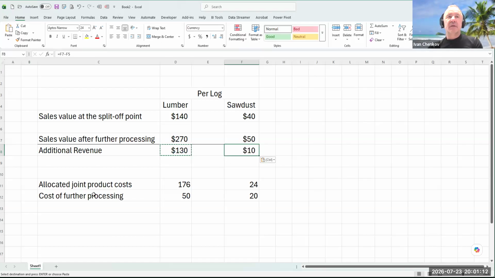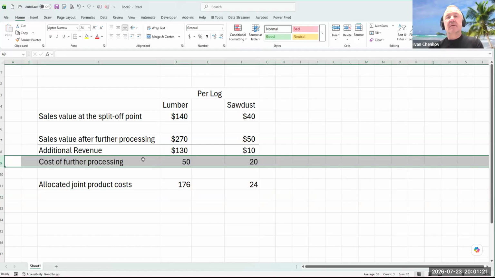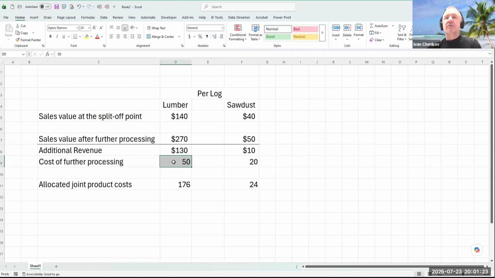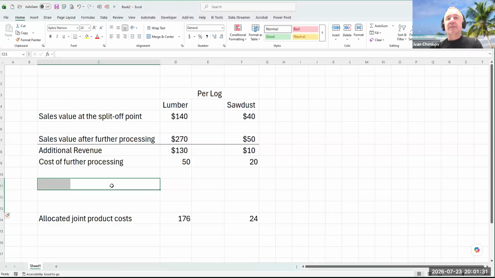Next thing that I have to see is how much is my cost to process further. My cost to process further for the lumber is $50, for the sawdust is $20. Allocated joint cost is irrelevant in this case.